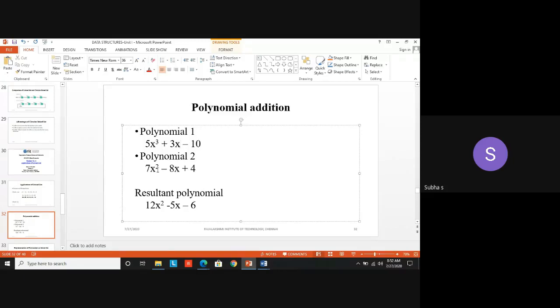Which one is having greater power? 7x square. So you have to put 5x cube plus 7x square. Then you are moving the pointer to the next one because you placed 7x square. What is the next one? Minus 8x. Minus 8x plus 3x minus 5x. Like that you are going to proceed. I have an example based on that.